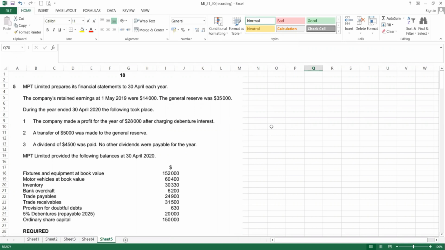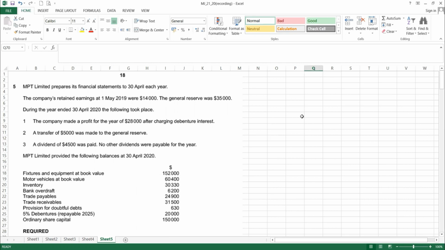During the year ended 30th April 2020, the following took place. The company made a profit for the year of 28,000 after charging debenture interest. A transfer of 5,000 was made to the general reserve. A dividend of 4,500 was paid. No other dividends were payable for the year.